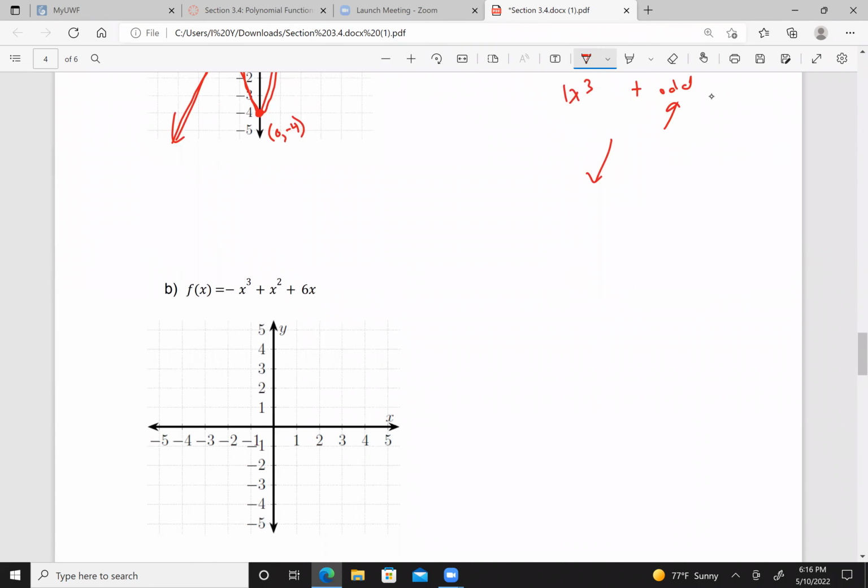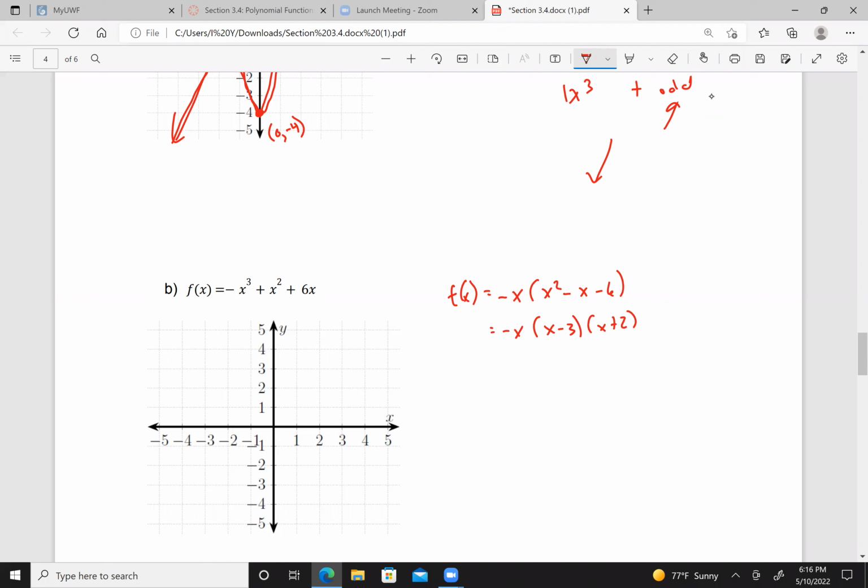Okay, so same thing. First thing I can do is factor out a negative x and get negative x times x squared minus x minus 6. So that's negative x times x minus 3 times x plus 2.